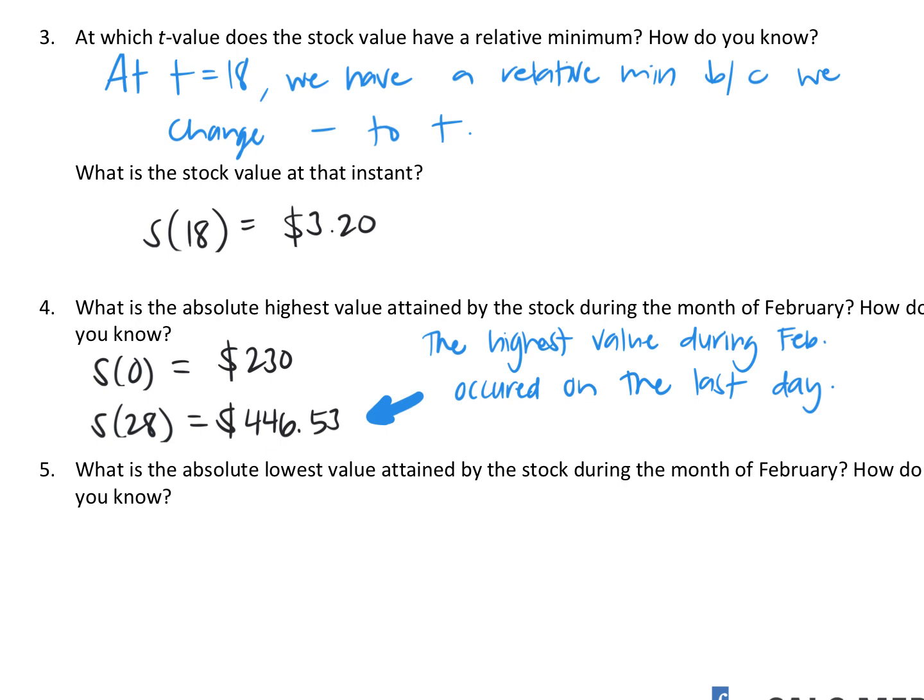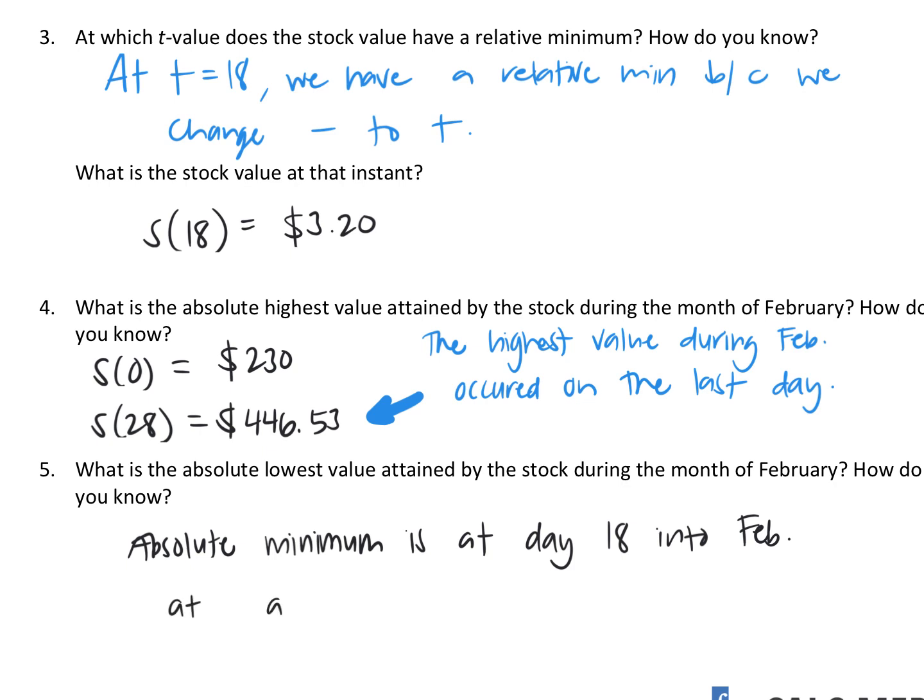Okay, so the absolute minimum is at day 18 into February. I could have just said February 18th, but I said that. At a value of $3.20.